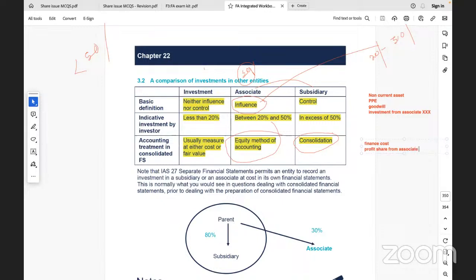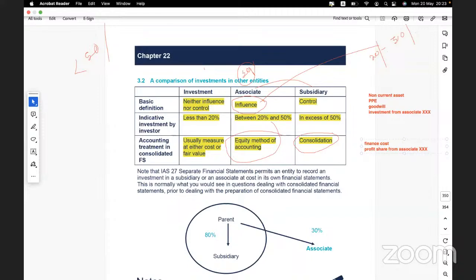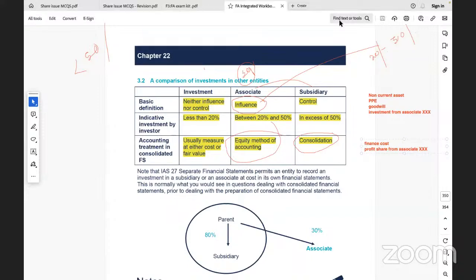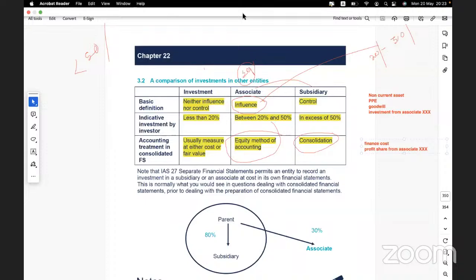Anything is okay. Below finance cost, we will be showing profit share of associate. So for the income statement also, we'll do an equation. That final answer, we'll show it over here on the consolidated income statement. That's it. We don't add their income and expenses like how we do for a subsidiary.